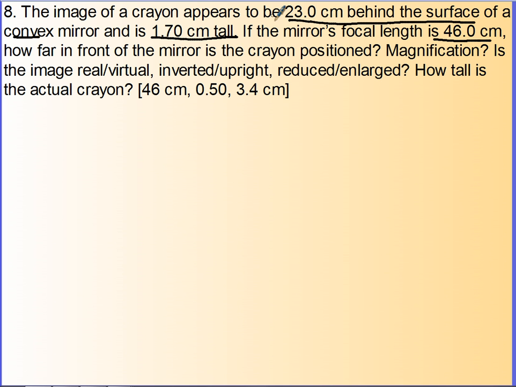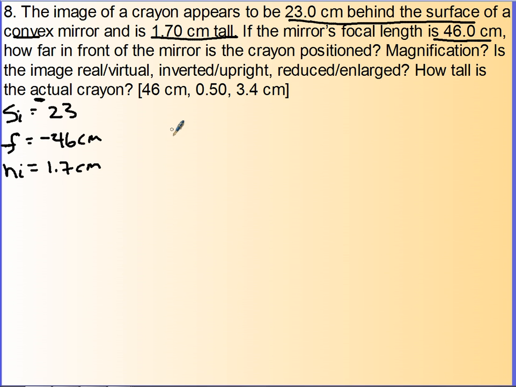So the image distance, SI, is 23 centimeters, and that's behind, so that's negative. And the convex mirror has a focal length of negative 46 centimeters, and it's negative because it's convex. And the height of the image is 1.7 centimeters tall.